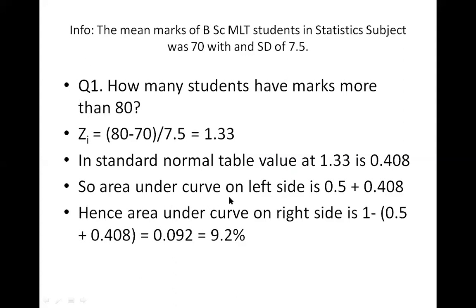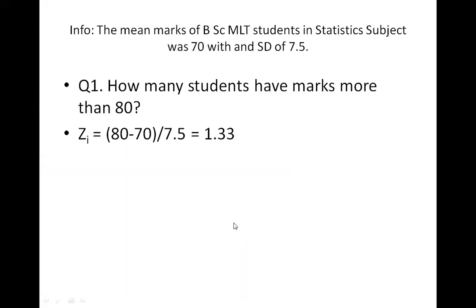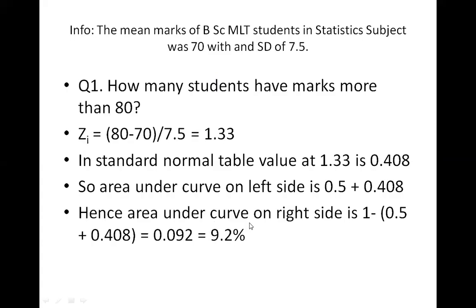So the area under the curve on the left side of this value is 0.5 plus 0.408. So the area on the right side of this value is 1 minus this total, which is 9.2%. So my inference is, above the marks of 80, there are 9.2% of my students. Is it clear? Any question?